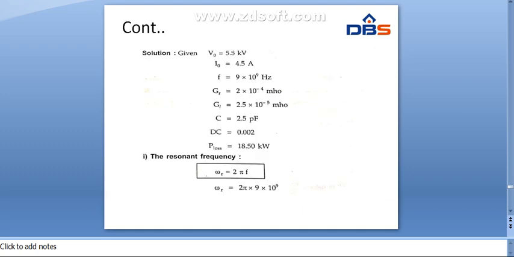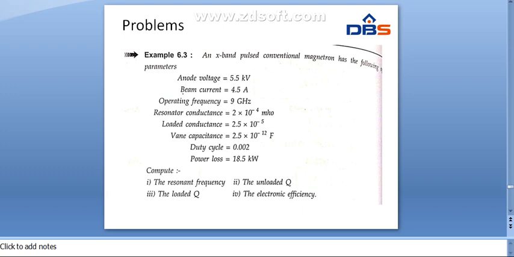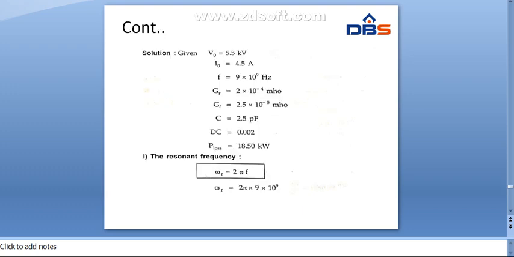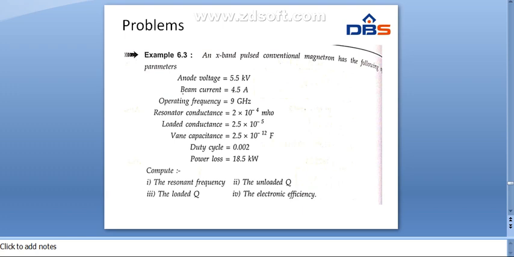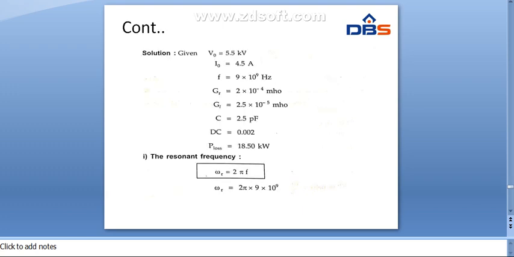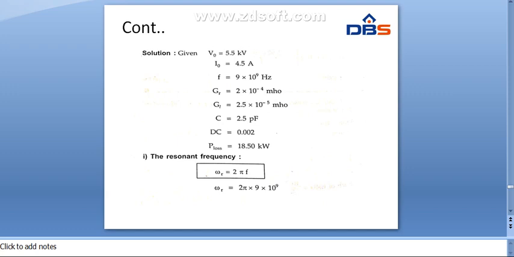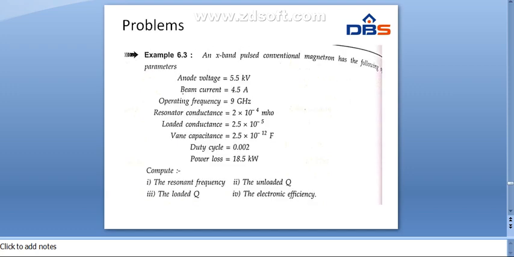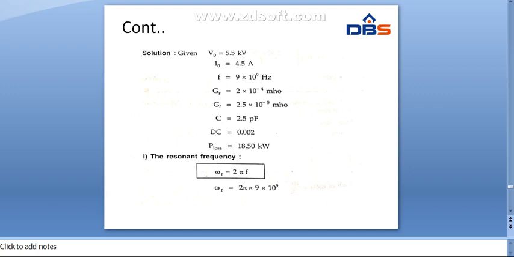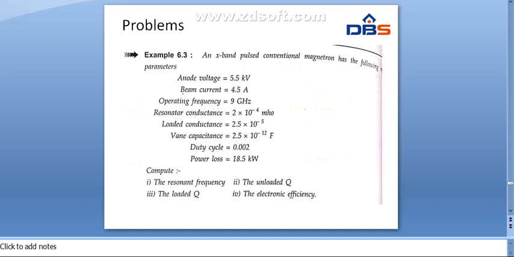GR is 2 into 10 power minus 4 and GL is 2.5 into 10 power minus 5, that is resonator conductance and loaded conductance, and vane capacitance C is 2.5 picofarads, duty cycle is 0.002 and power loss is 18.5 kilowatts. Here we need to calculate the resonant frequency, the loaded Q, unloaded Q, and the electronic efficiency.